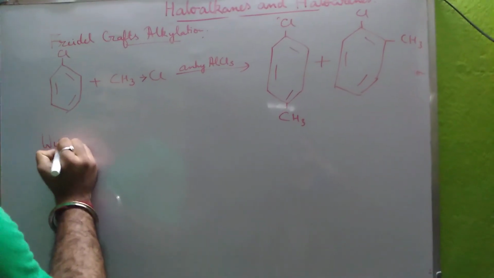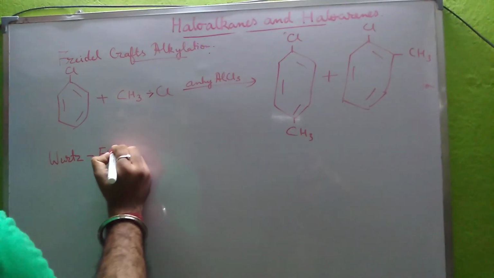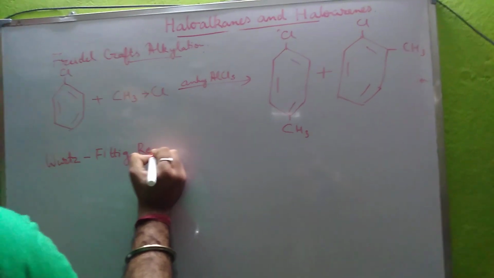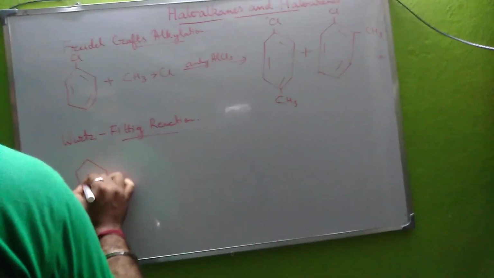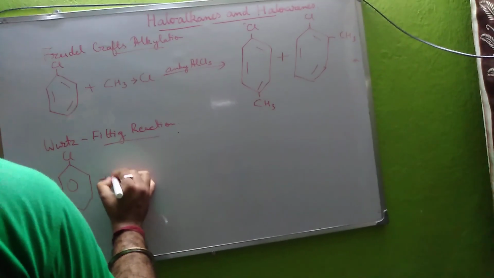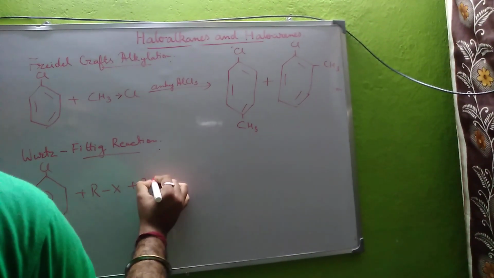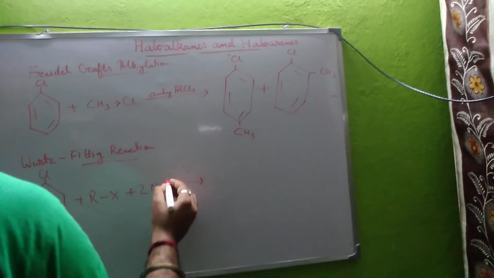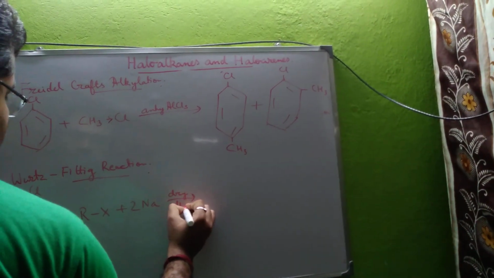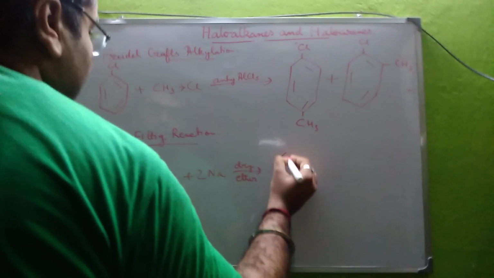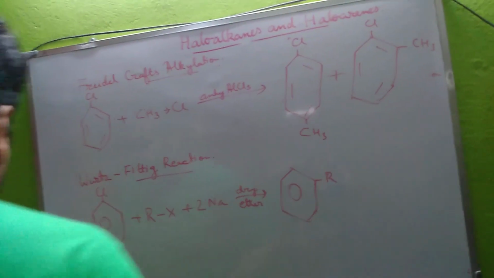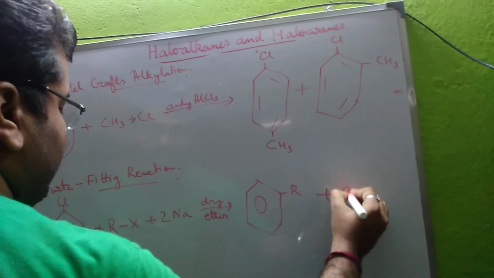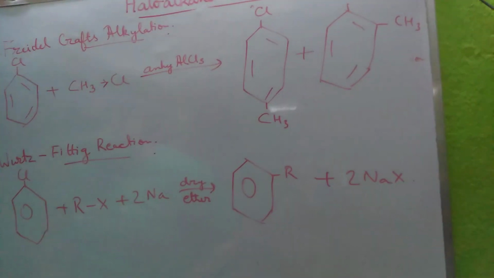Now few reactions are there like the Wurtz-Fittig reaction, this is the reaction with metals. What happens when I am reacting chlorobenzene with alkyl halide and with sodium metal in the presence of dry ether? You will be finding that the alkyl group gets attached to the ortho position and it becomes 2NaX.